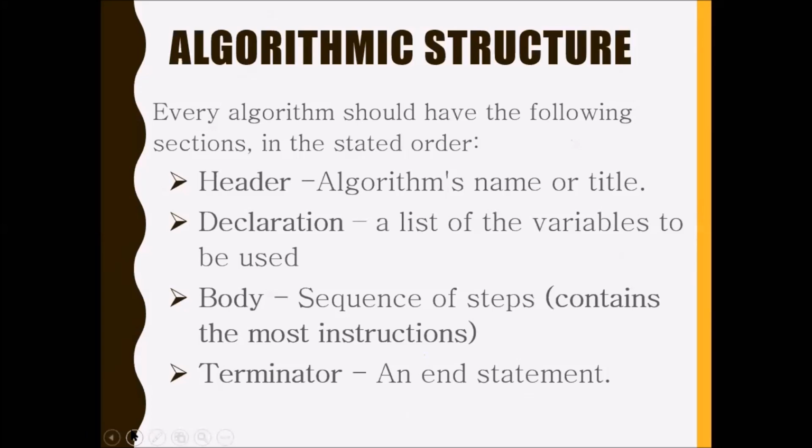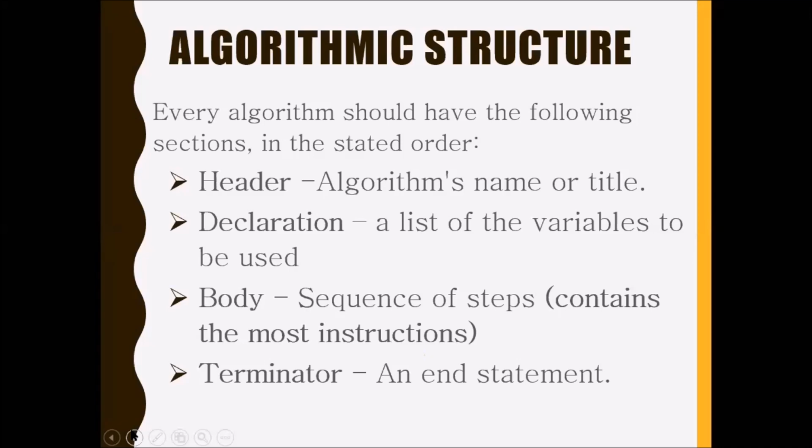Your header now is going to give your algorithm's name or title, or your program name or title. So let's say area of a square, area of a triangle, finding average, school grading system, tax system, whatever it may be. You're going to give the name of your program so that anybody reading can know exactly what it is that it is supposed to do.